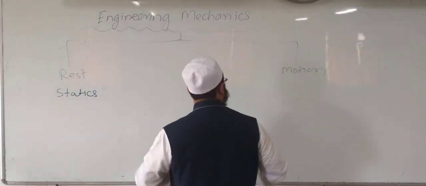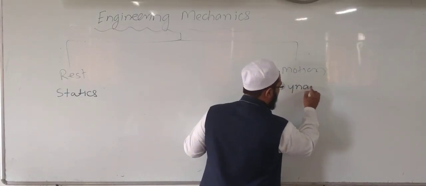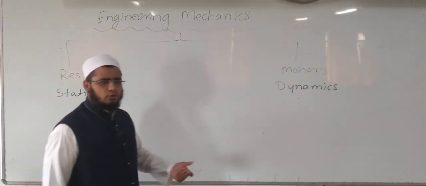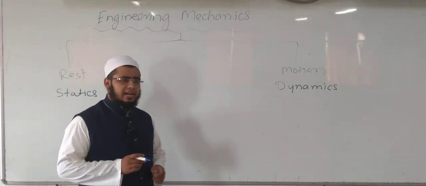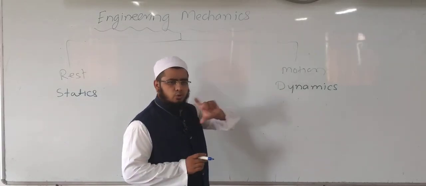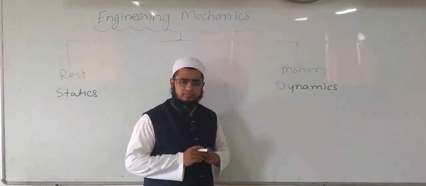Similarly, the second branch is dynamics. In dynamics, the objects will be in motion. Means the force will be acting on the object, and due to that application of forces, the object is moving. The position of the object is changing.